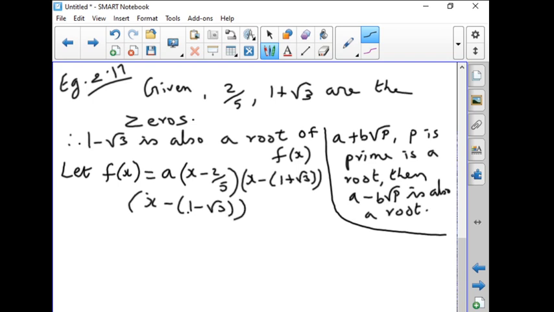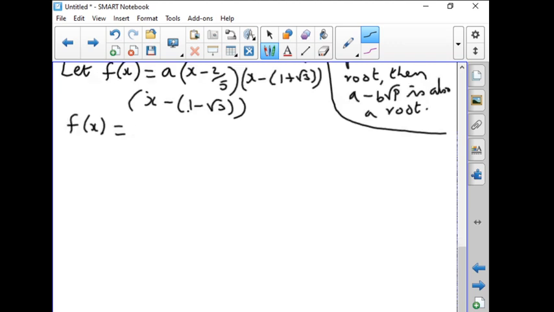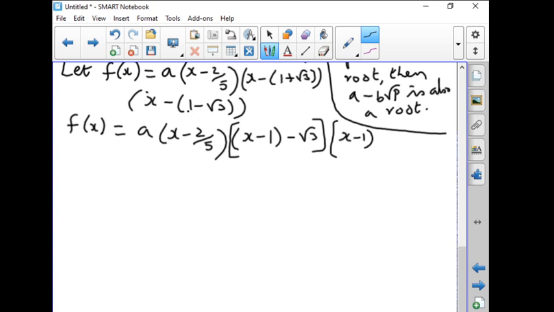So this can be written as f of x is equal to a into x minus 2 by 5, taking the 1 inside, x minus 1 minus root 3 into x minus 1 plus root 3.